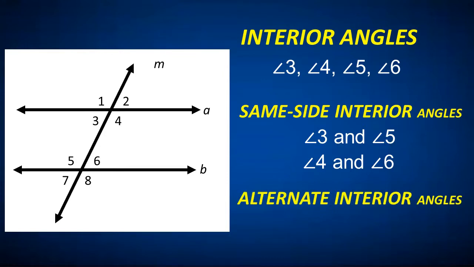Next, if we have same side interior angles, we also have alternate interior angles. From the word alternate, meaning one from the left, one from the right. But the pair of angles must be one from line A and one from line B. Remember that we are talking about the relationship of angles formed by parallel lines cut by a transversal, not by two lines only.